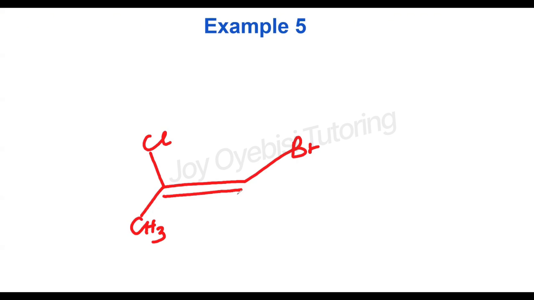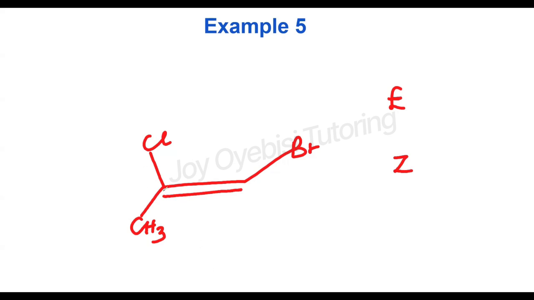This is the best time to use the E and the Z. The E is when the two bulky groups attached to the double bond are on opposite sides. Okay, the E is opposite, and the Z is the same side.